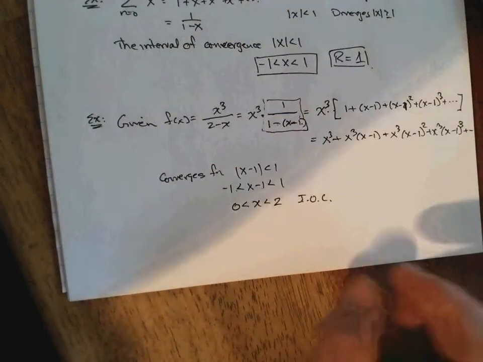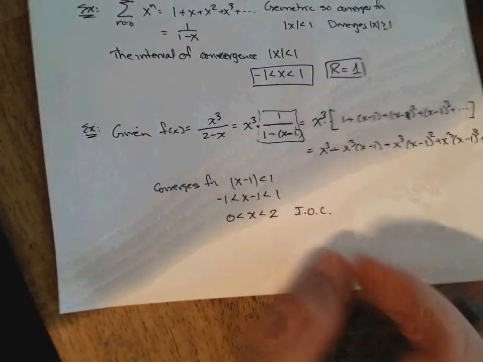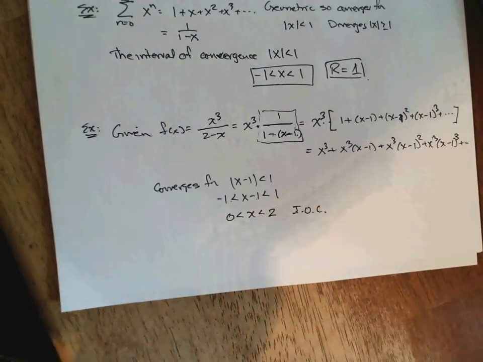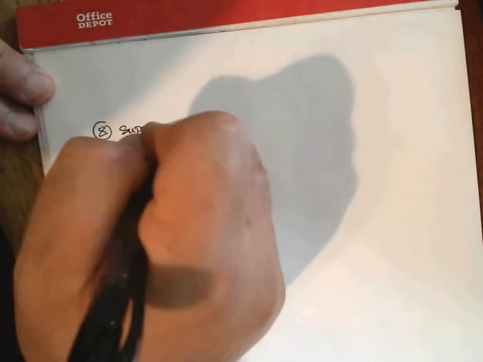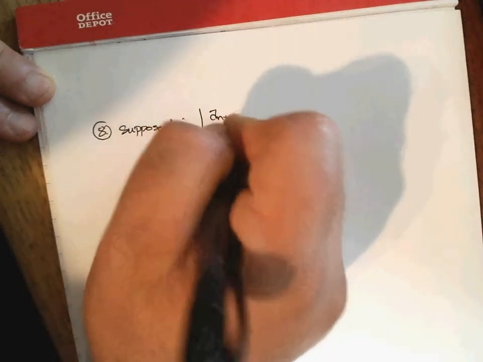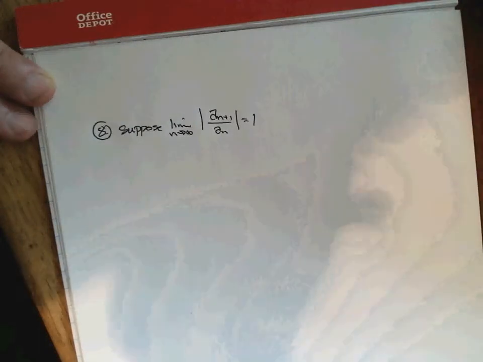Okay. All right. So let's take a look now at, from the exercises, problem number 8. In number 8, they say, suppose that the limit as n goes to infinity of a sub n plus 1 over a sub n is 1.